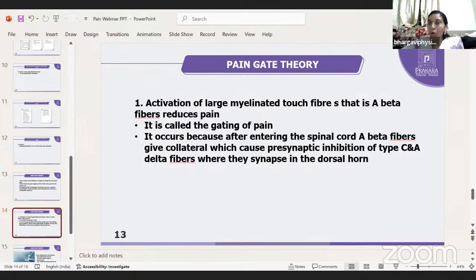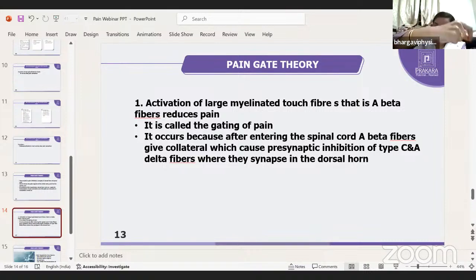Once again I am repeating the last point. Whenever we are rubbing, the A beta fibers also become activated. These A beta fibers are sending the collateral fiber to our pain fibers. These touch fibers are A beta fibers, and these are A delta and C fibers.